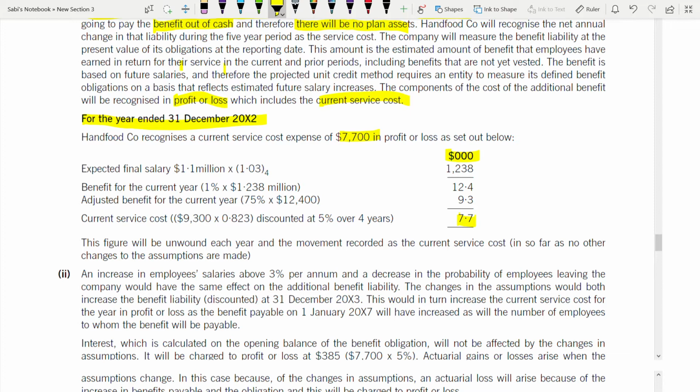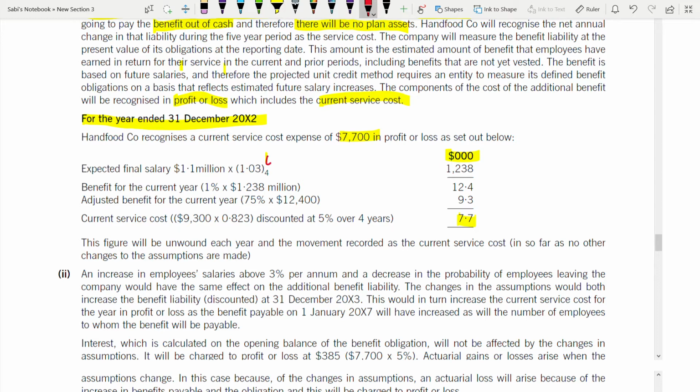Okay, so the expected final salary will be how much? 1.1 was the million, right? This 4 will be up here, not down. Let me write with the red pen.